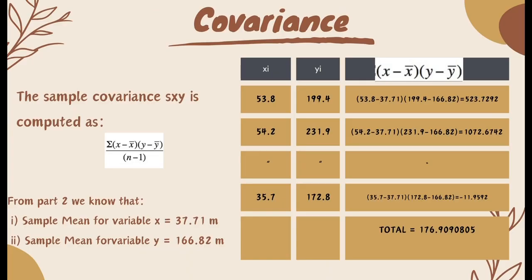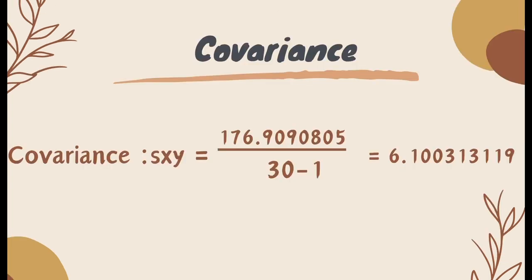Here is the covariance, you can see this is the formula for the sample covariance. From part 2, the sample mean for variable x is 37.71 million. The sample mean for variable y is 166.82 million. So we got the total of 176.9090. After you get the answer, we divide by the total number of e-commerce records minus 1.